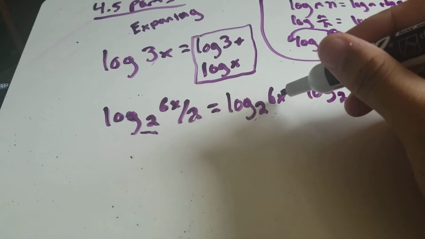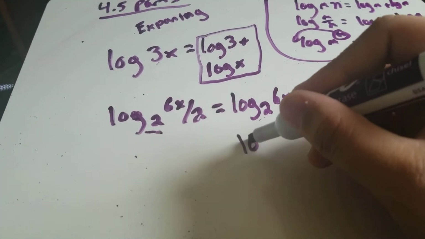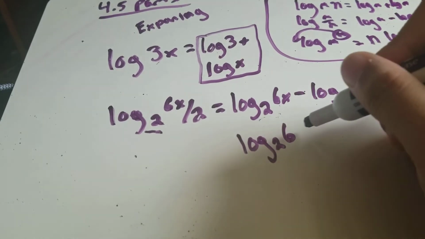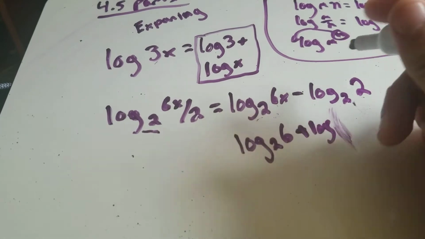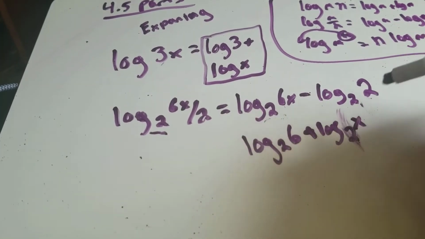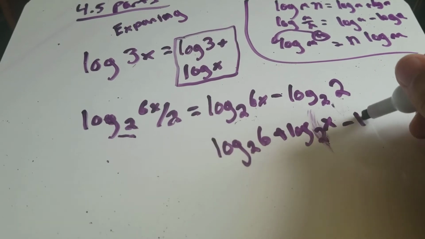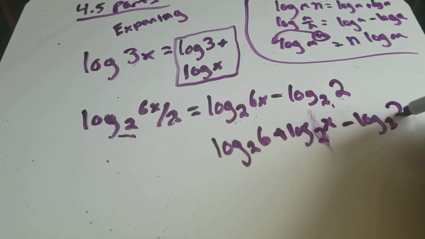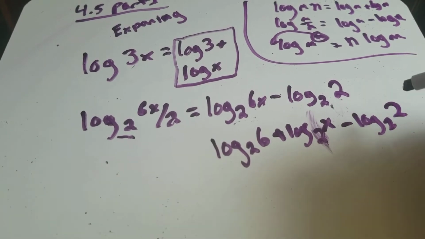Now, 6 times x is happening, so I can separate it with a plus. So log base 2 of 6 plus log base 2 of x. Don't forget this guy, minus log base 2 of 2. So that's for this line.